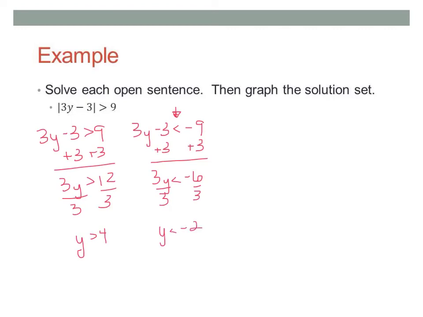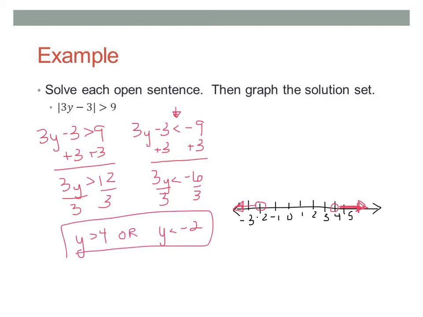And if we graph it, before I write my final answer there, -3, -2. Okay, if we look at this, greater than 4 looks like that. Less than -2 looks like that. It's an OR, so we put the word OR in the middle, and you got your answer.